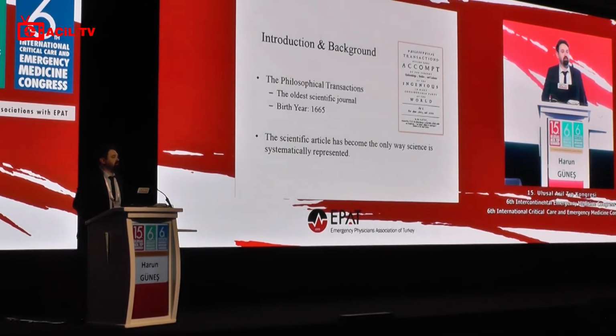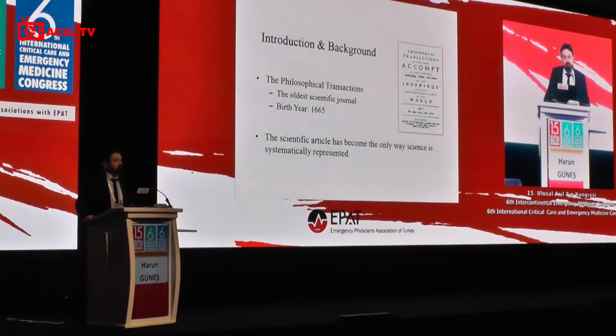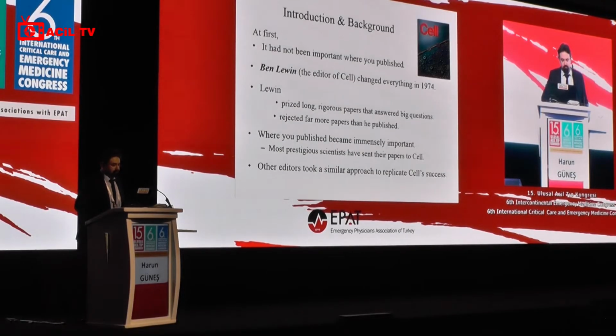The Philosophical Transactions was the first scientific journal. It was first published in 1665, and the scientific article has become the only way science is systematically represented in the world. At the beginning, it had not been important where you published, but Ben Lewin changed everything in 1974.